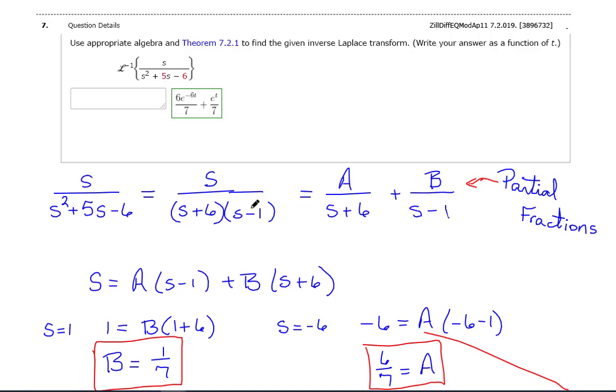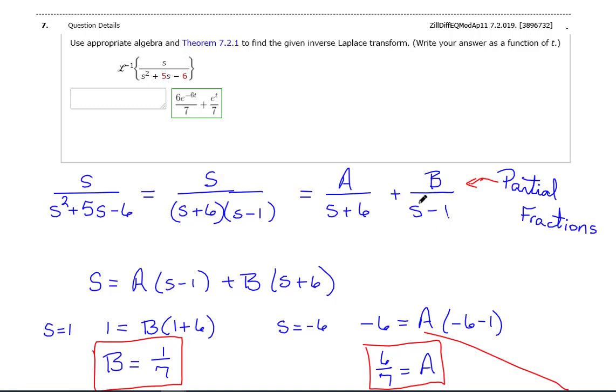So if you remember how this goes, you multiply both sides by the whole denominator. On the left I get an s. On the right, for the A part, the s plus 6 cancels, leaving you A times (s minus 1).